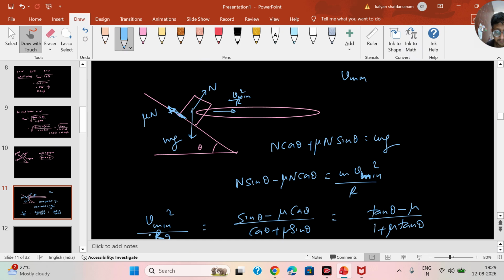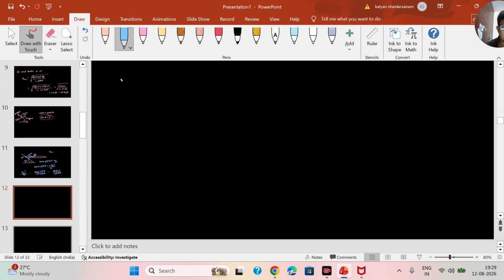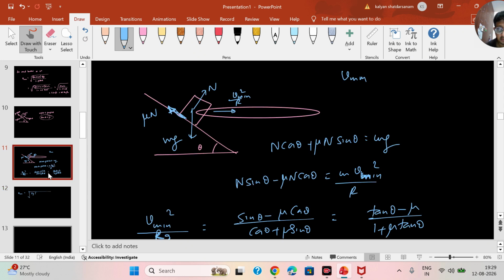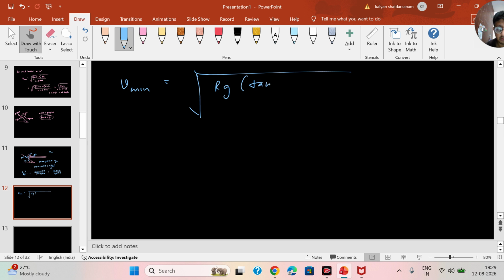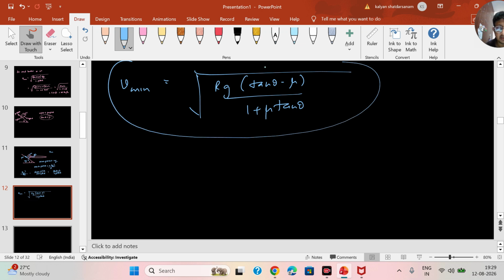This is rg. So from here you get v min as root of rg into (tan theta minus mu) by (1 plus mu tan theta). This is the minimum speed with which the vehicle should be moving in order to prevent it sliding down. Otherwise it will slide down. Bad design of the road.